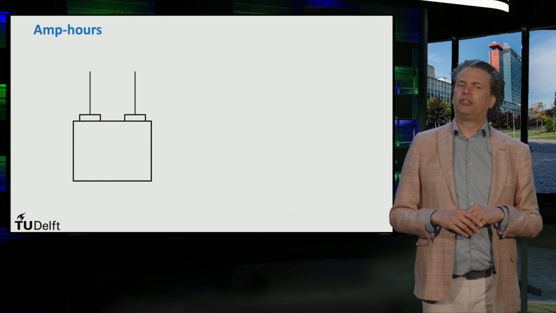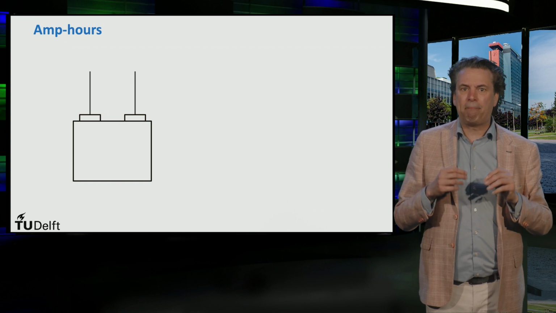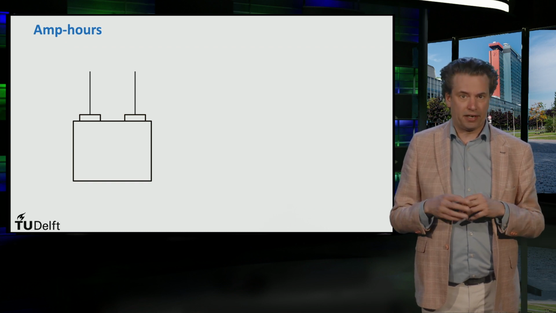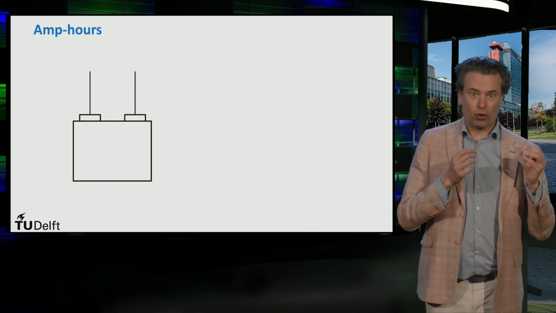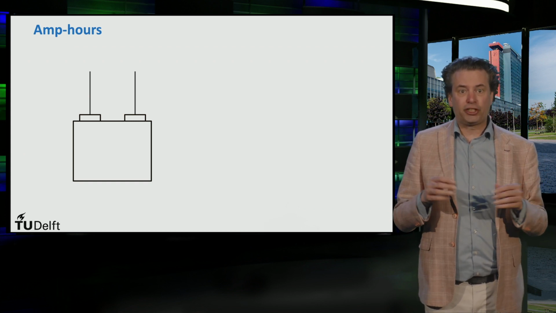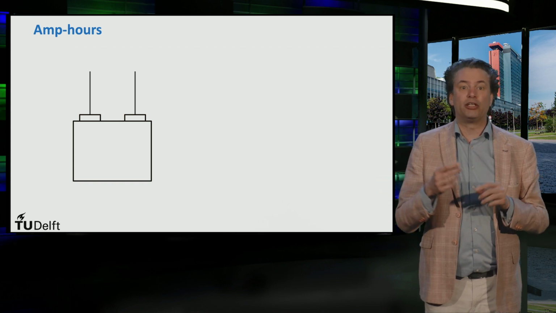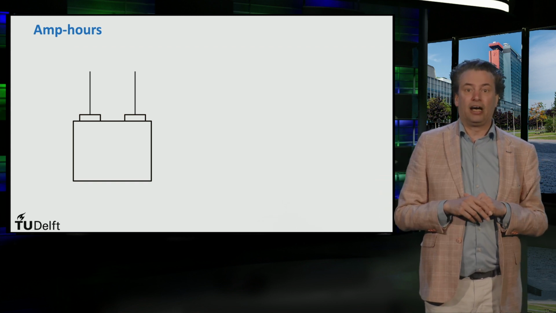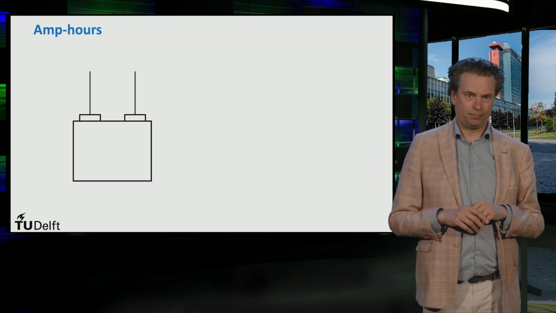When talking about the battery capacity, we saw that it is measured in ampere hours or milliampere hours. Although charge is measured in coulombs, ampere hours is just another unit of charge, since 1 coulomb is 1 ampere second and 3600 coulombs is 1 amp hour.